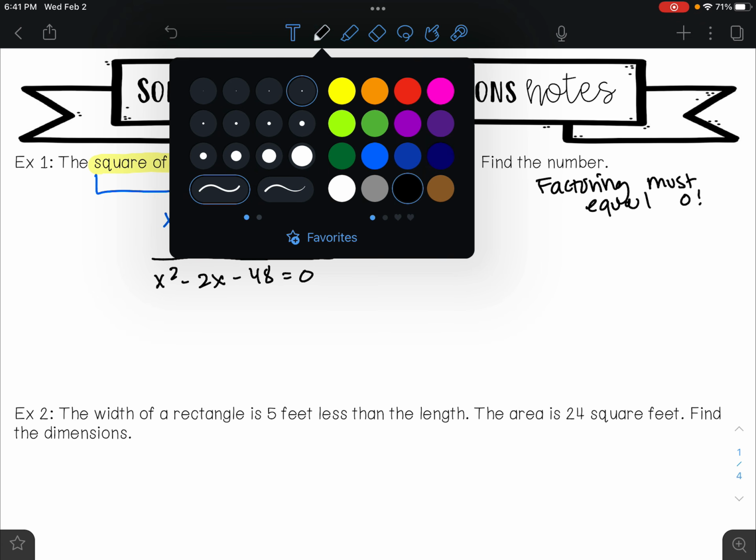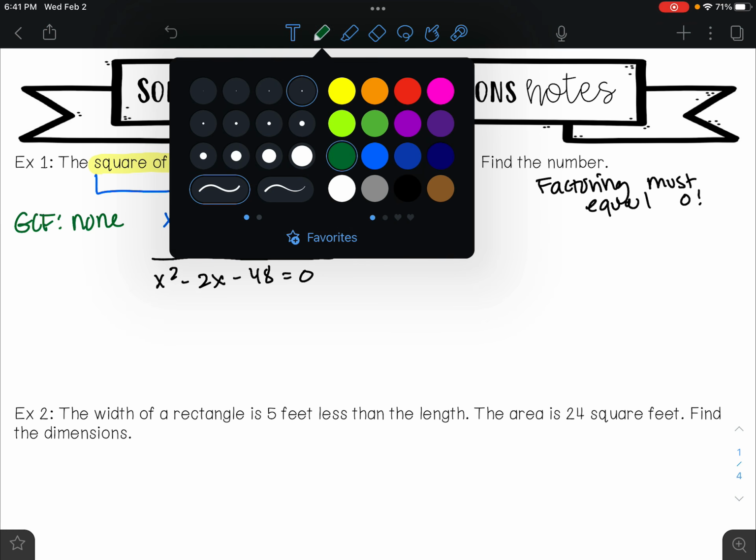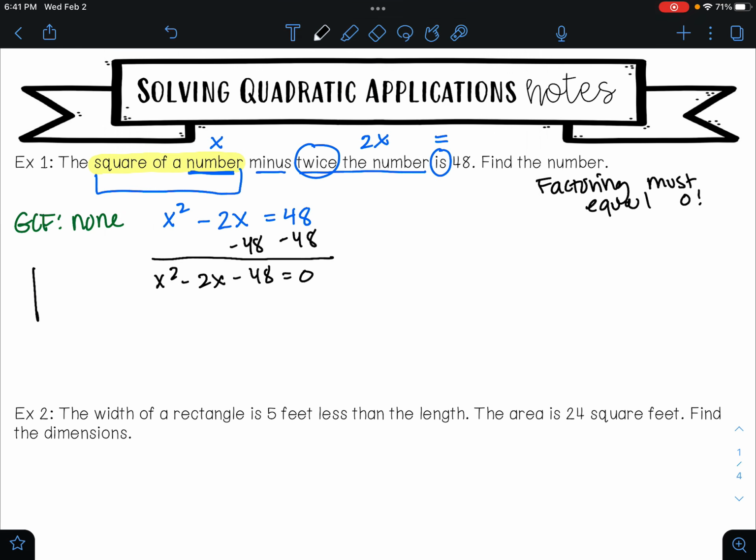Your first step with factoring is to always look for a GCF. And in this case, I do not have one. So my GCF is none. So then I'm going to go straight to the area model. First term goes in the first box. Last term goes in the last box. I'm looking for 2 numbers that multiply to negative 48 and that add to negative 2.